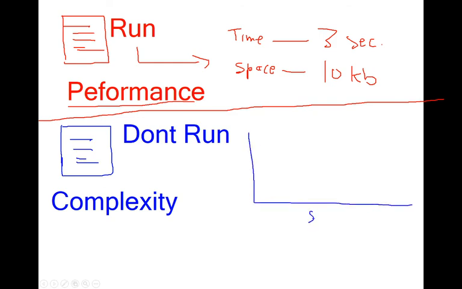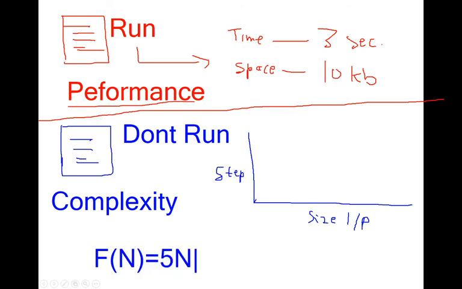This will be the size of the input, and this will be the number of steps. Then you analyze it using the asymptotic analysis of the code, where we had a complexity function f of n, which was 5n plus 3, right?